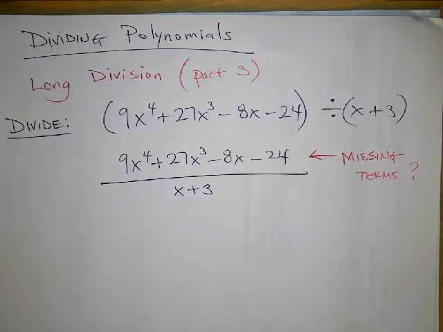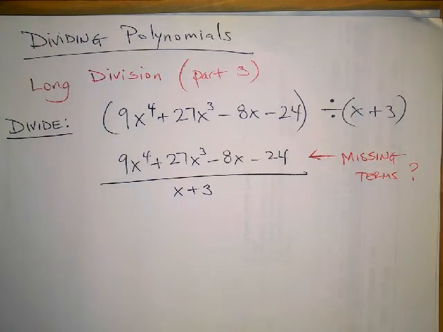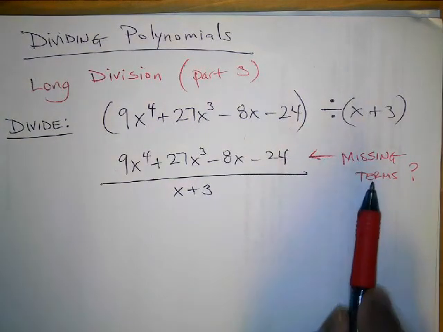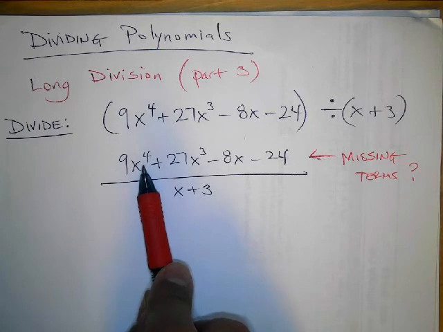And if it does, we're going to have to put a 0, because we're going to need that space when we do the long division. We're going to have to put a 0 for any missing terms. And by missing terms, you got to look at the degree. Look at the degree, and it goes in descending order, right? Descending is from highest to lowest.